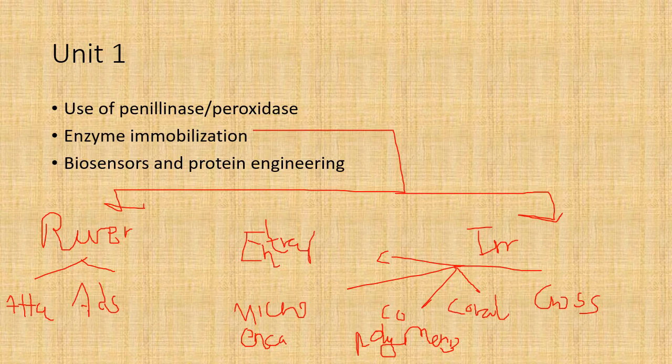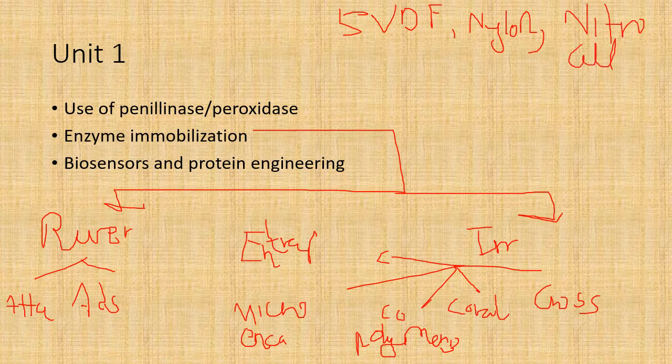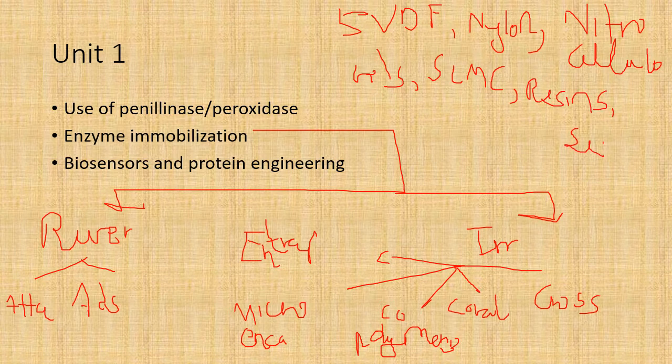And these are done by various reagents. You can say some of the materials required, that is PVDF, a nylon membrane, any nitrocellulose membrane, gels, CMC, that is sodium carboxymethyl cellulose, resins, Sephadex and Sephacryl, fibers, and capsules.